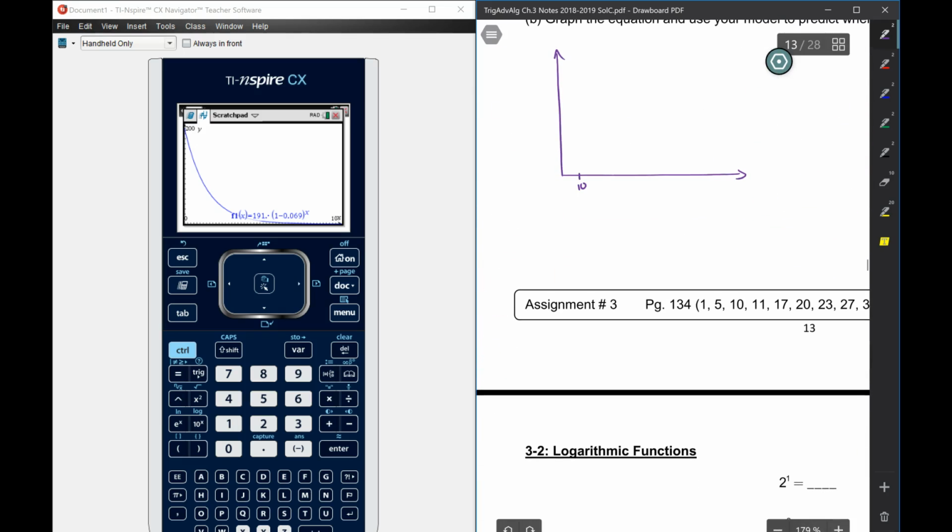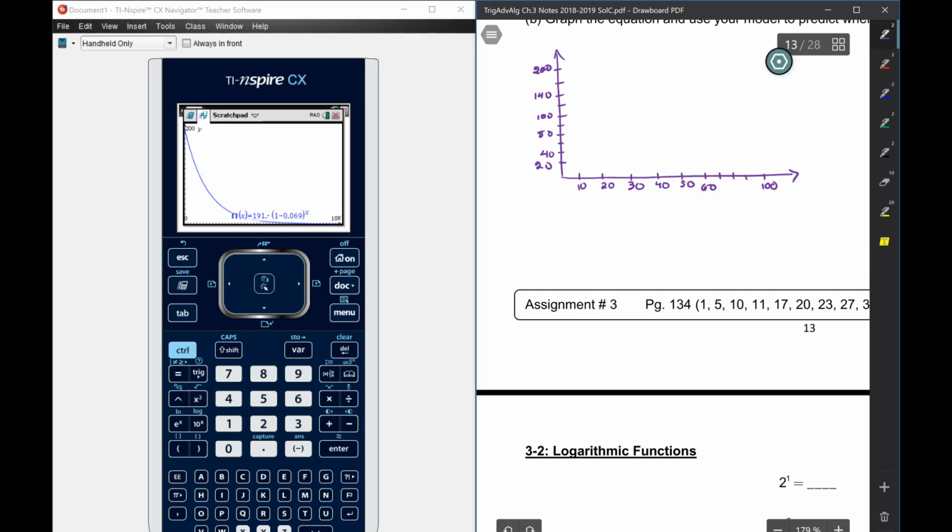So here I go in tens: 60, 70, 80, 90, and 100. Here I went to 200, so I could go up by 20s: 20, 40, 60, 80, 100, 140, and so on.